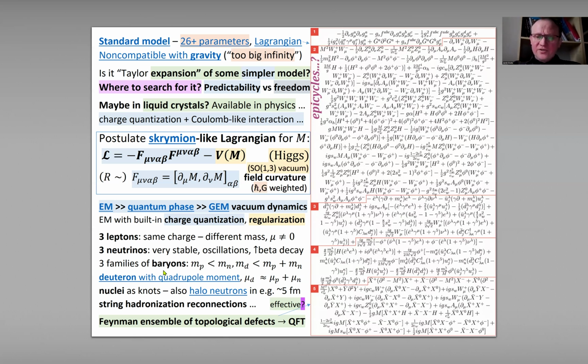Three families of baryons as knots, with the proton lighter than the neutron as required, and the deuteron lighter than the proton and neutron. Deuteron with quadrupole moment, nuclei as knots, also halo nuclei. String hadronization suggests how to assign the particles to topological defects. So finally, hopefully, the effective description of the proposed model will be in agreement with the standard model Lagrangian, but it is a lot to work with. So thank you for your attention.